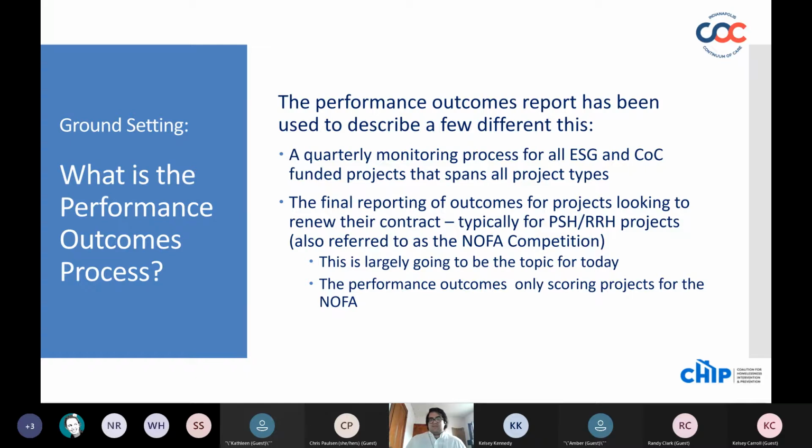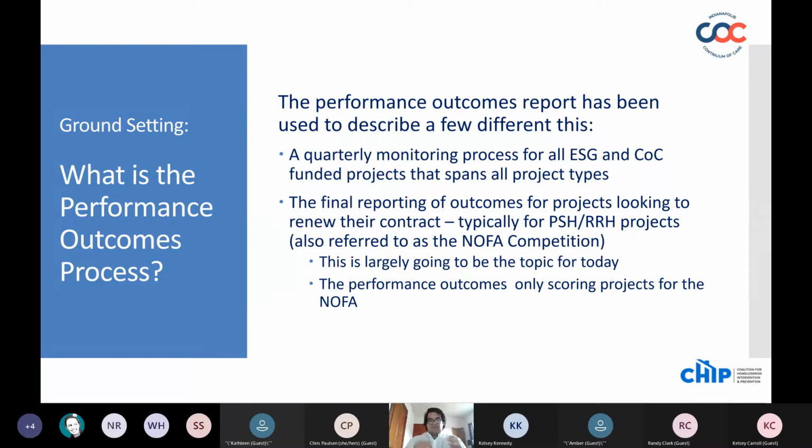So the quarterly process is effectively using all the same kind of math and calculations that we use for the purpose of the competition, but it applies to all project types.